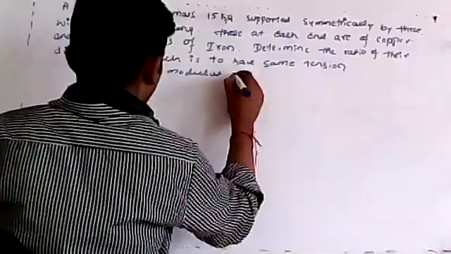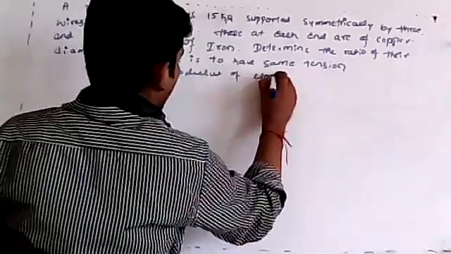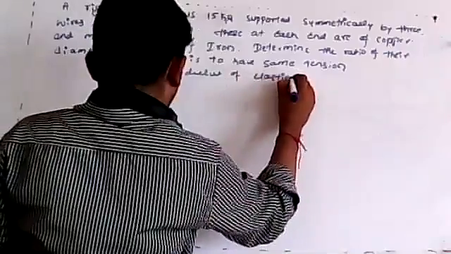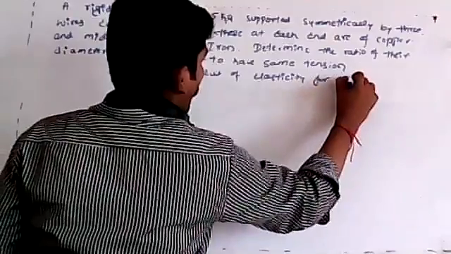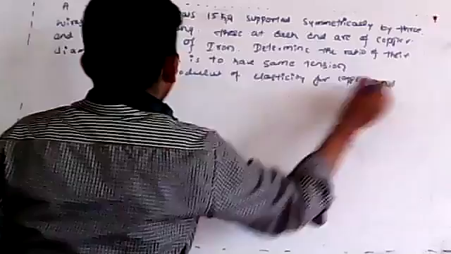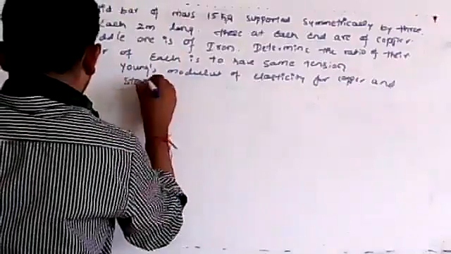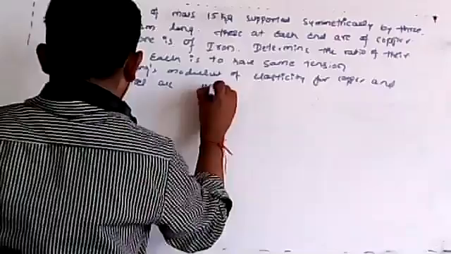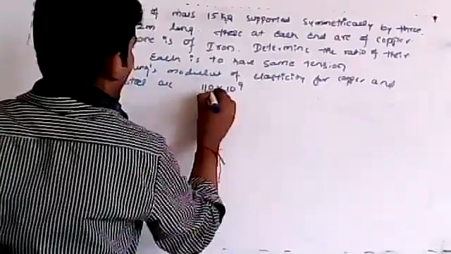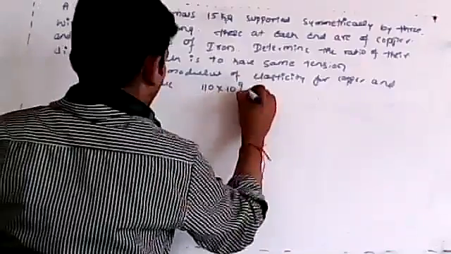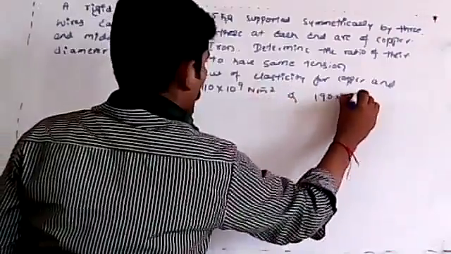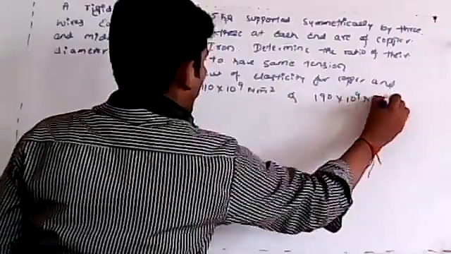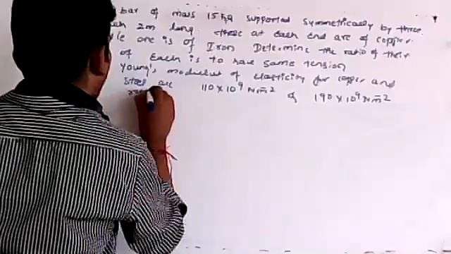Young's modulus of elasticity for copper and steel are given as 110 into 10 raised to 9 Newton per meter square and 190 into 10 raised to 9 Newton per meter square respectively.